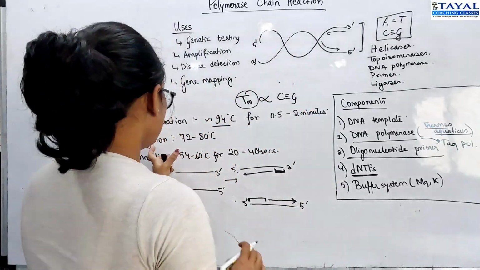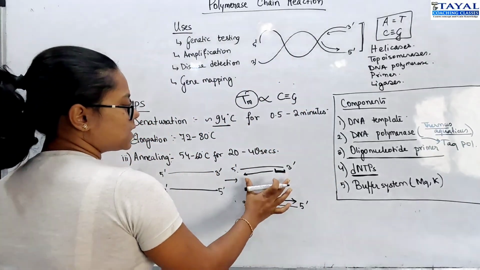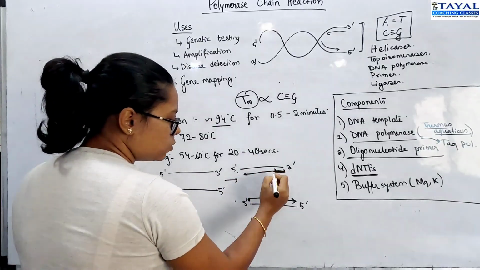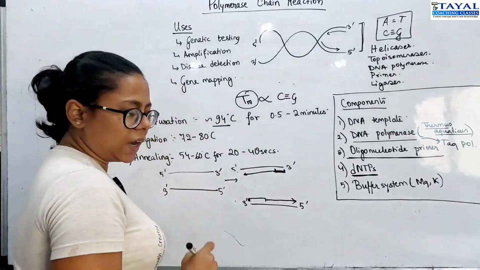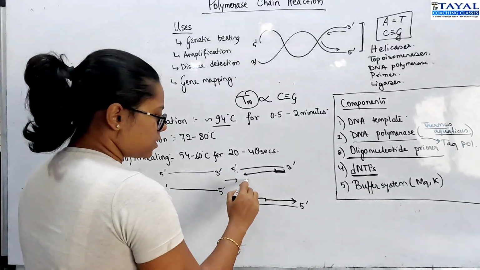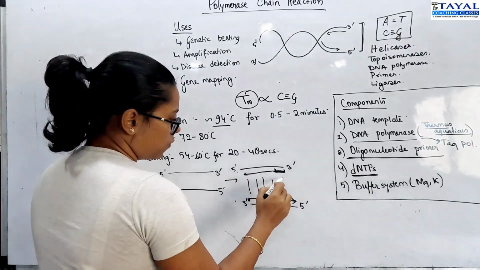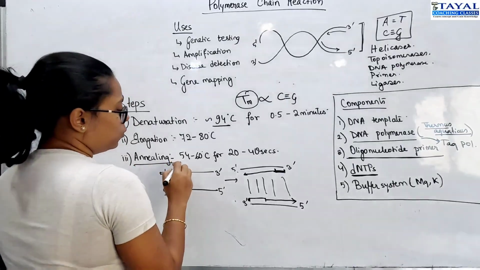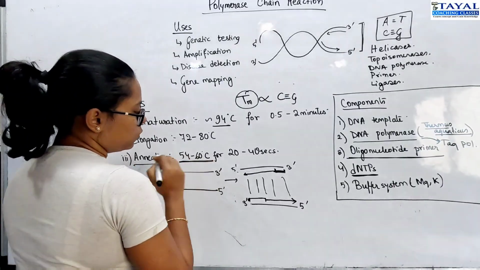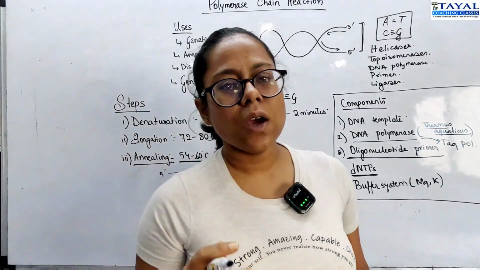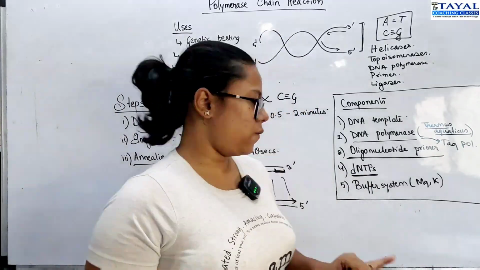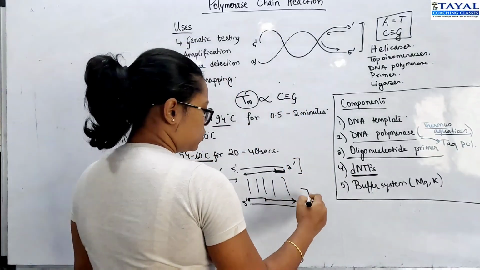Once the elongation has happened, so the whole DNA segment has been copied, you need to anneal here, you need to join here, right? And you need to let the hydrogen bonds form again so that you have a total strand. For annealing, we use a temperature of about 54 to 60 degrees Celsius, where the DNA strand re-anneals, and now from 1, you have 2 DNA strands.